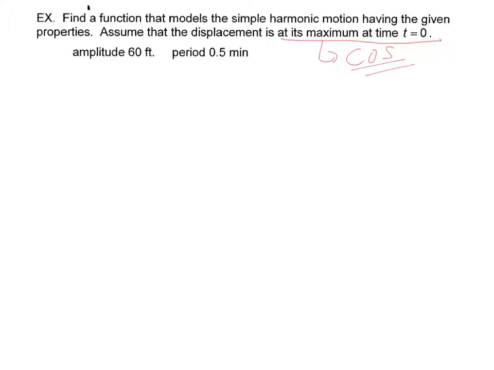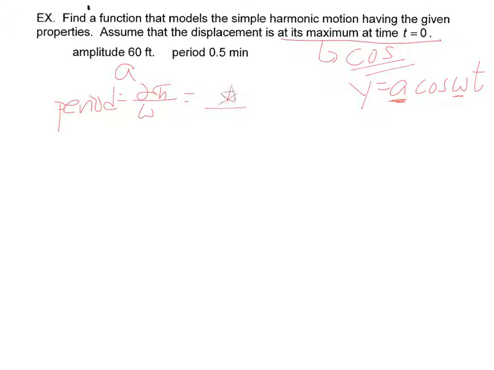The amplitude is 60, so that's A. And let's write down what we're looking for. Y equals A cosine omega t. So we've got to figure out A, we've got to figure out omega. Well, the way you figure out the period normally is it's 2 pi divided by omega, and you work that out and you get a value.